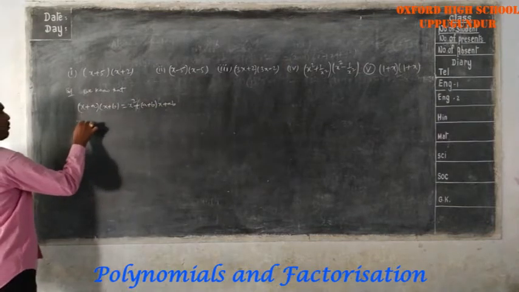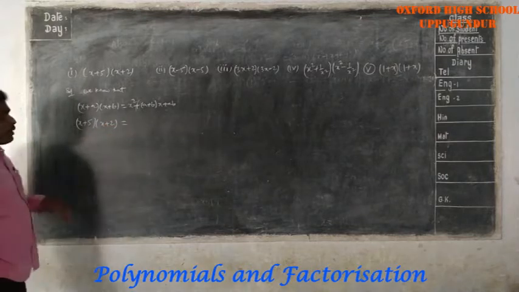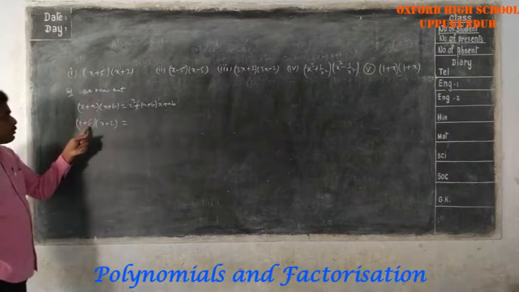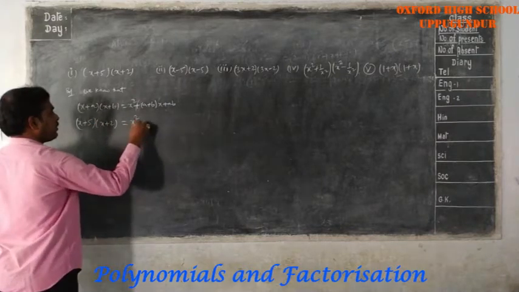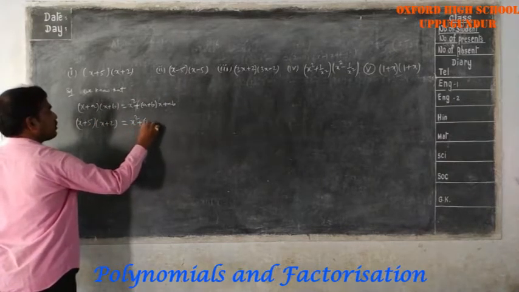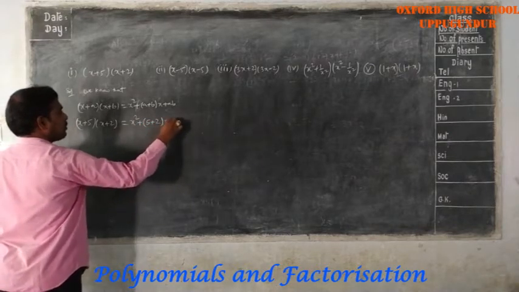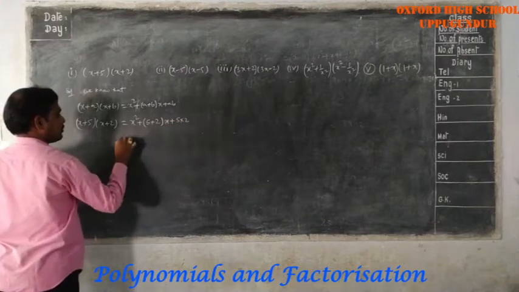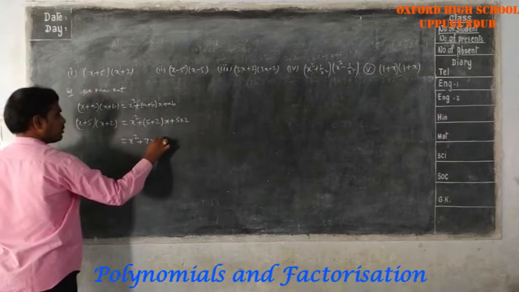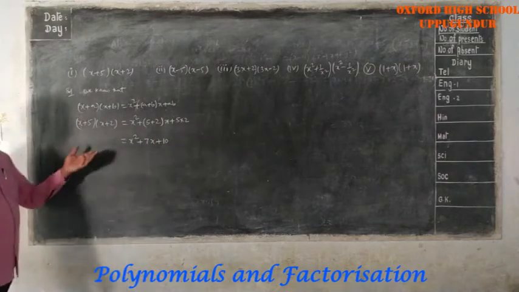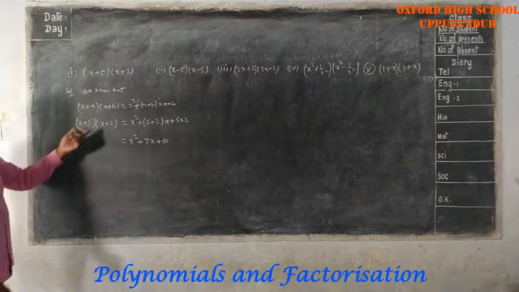Now (x plus 5) into (x plus 2): comparing these two, here a value is 5, b value is 2. This you can write as x square plus (5 plus 2) into x plus 5 into 2. So x square, 5 plus 2 is 7, so 7x plus 10. In this way you can do this problem using this algebraic identity.